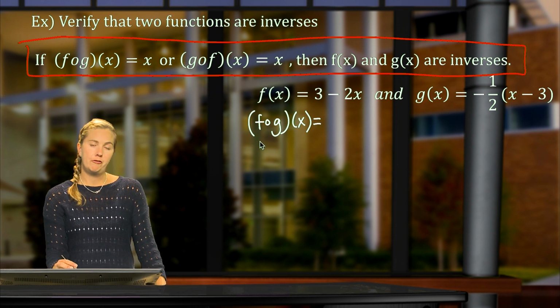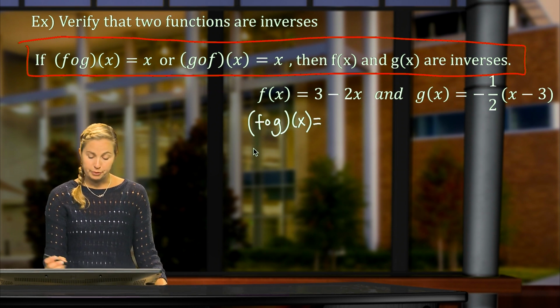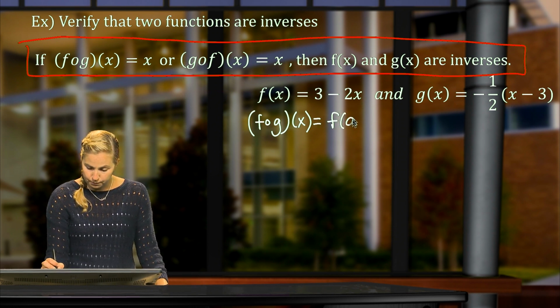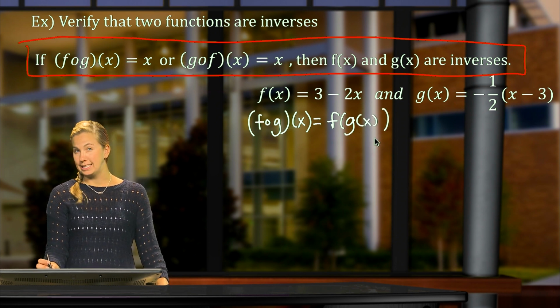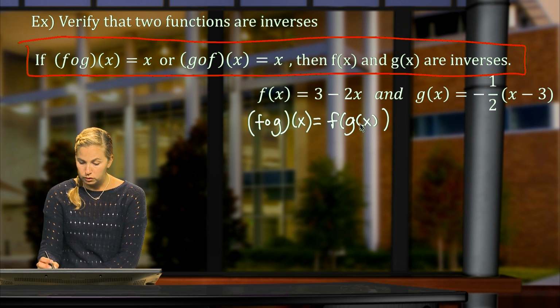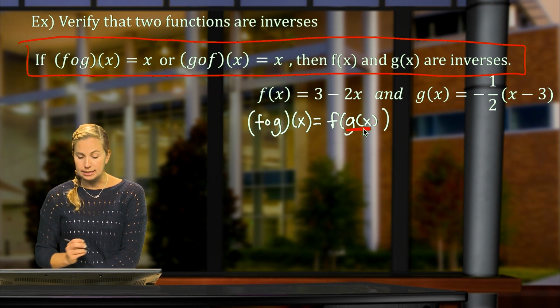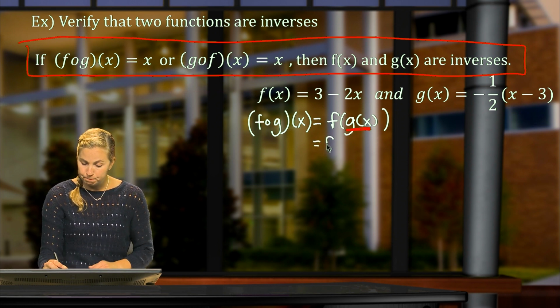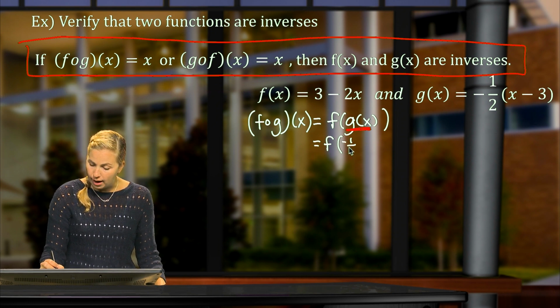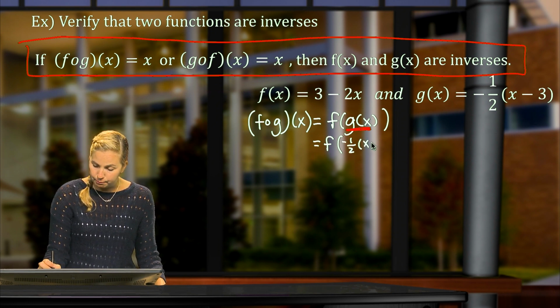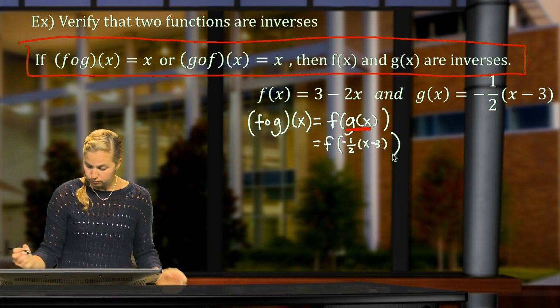Now I chose f of g of x simply because it's first. And remember, we're going to start by writing this in function notation so that I can see what I need to substitute. So g of x is the same as negative 1/2 times x minus 3.